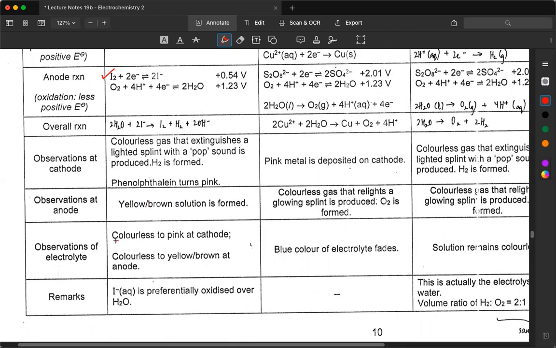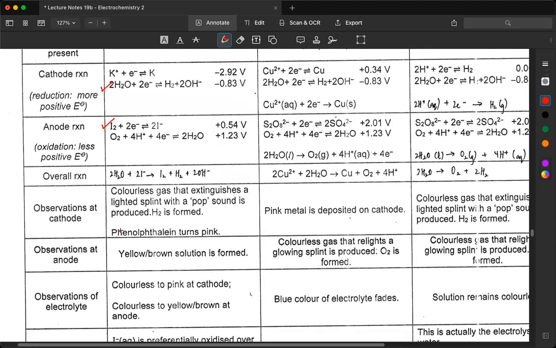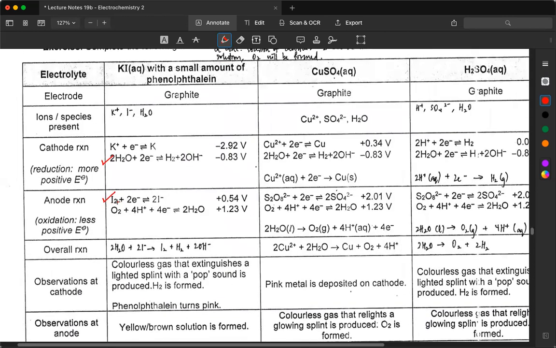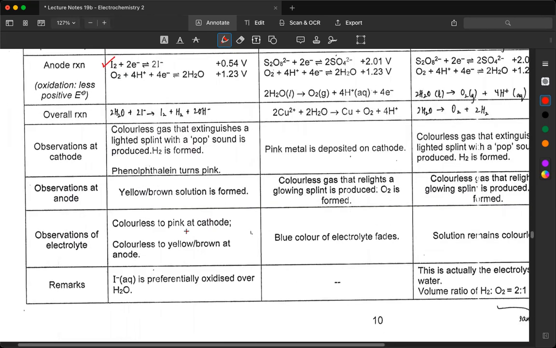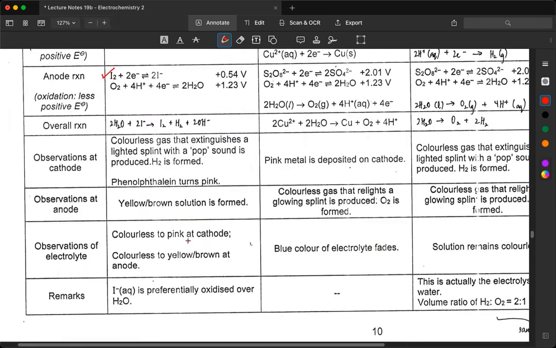As for the electrolyte, it will start off colorless, and it will turn pink at the cathode because of the formation of OH-. And for the anode, it will turn into a brown solution.